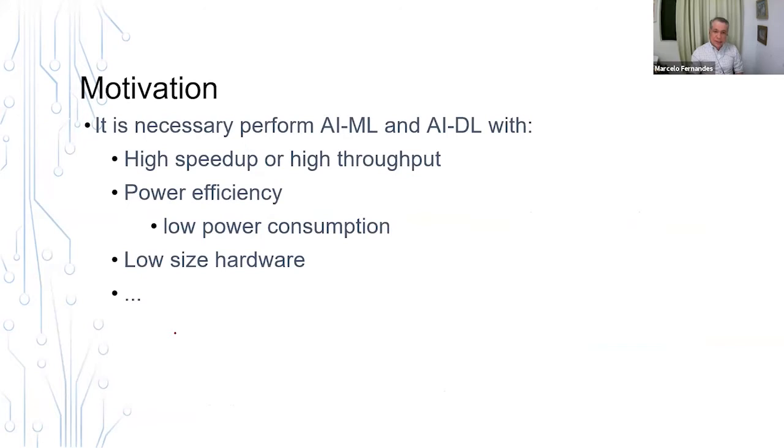So it's necessary to perform machine learning and deep learning with high speed or high throughput. It's our target. We need to process machine learning and deep learning with high throughput. However, we need power efficiency.